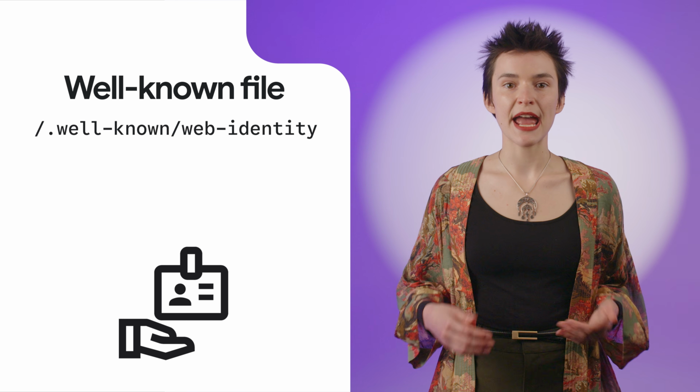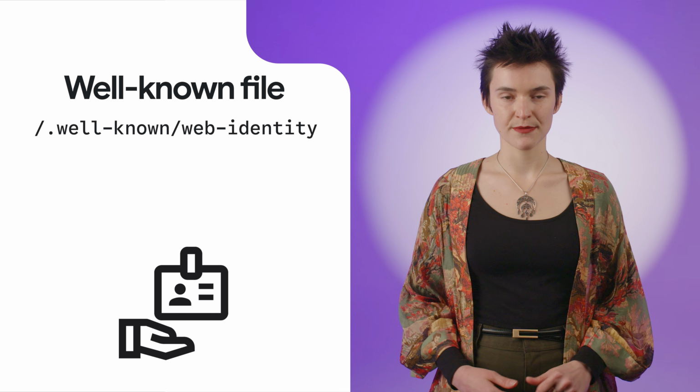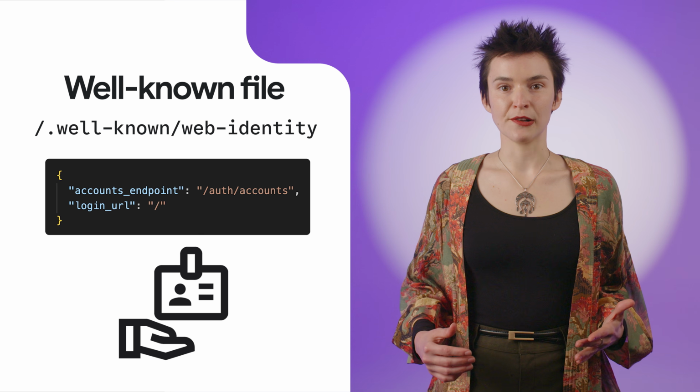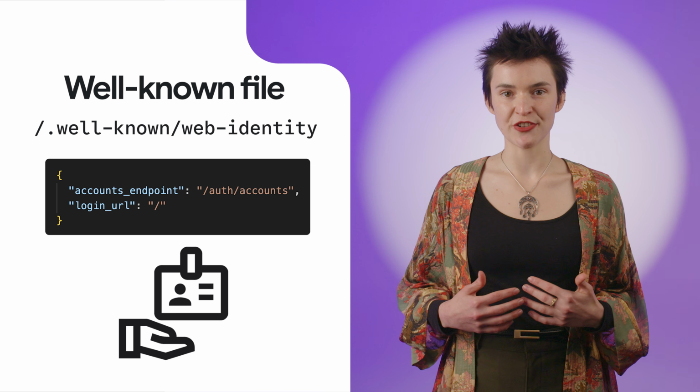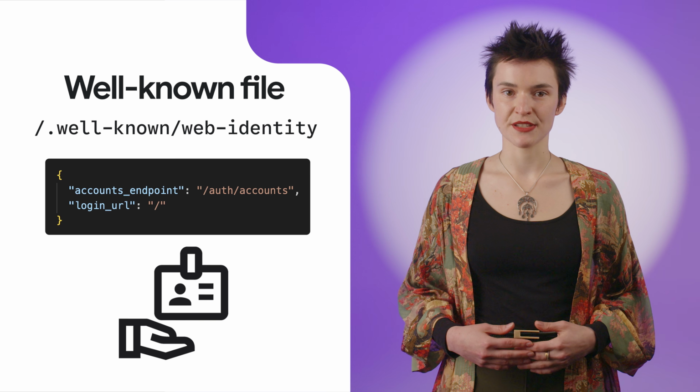In short, to support FedCM, the identity provider needs to serve a well-known file and a set of specific endpoints. The well-known file acts as a map telling the browser where to find the configuration file and the required endpoints.